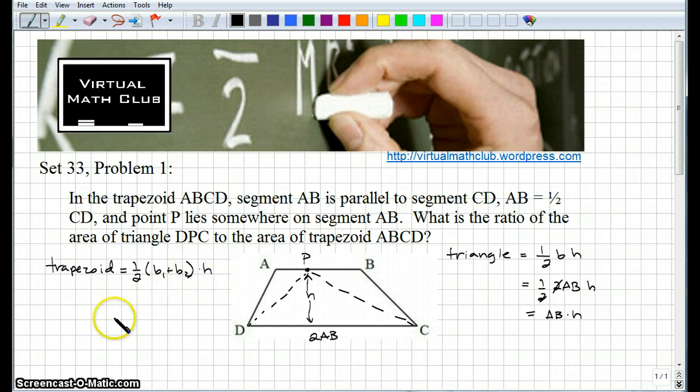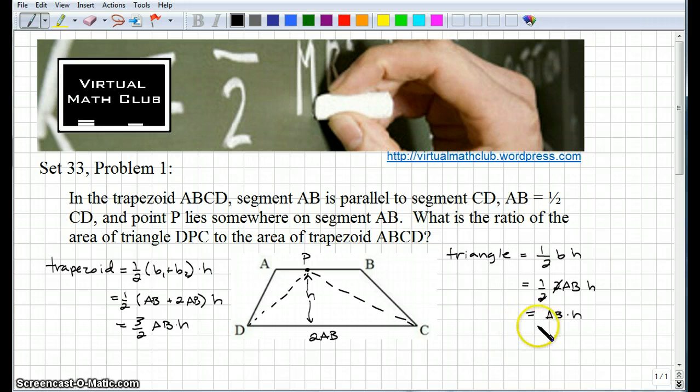So let's write that out. We have 1/2, and the one base we're calling AB, and the other base we're calling 2AB, and then we have h, which is AB plus 2AB, which is 3AB divided by 2, so that's 3/2 AB times h.